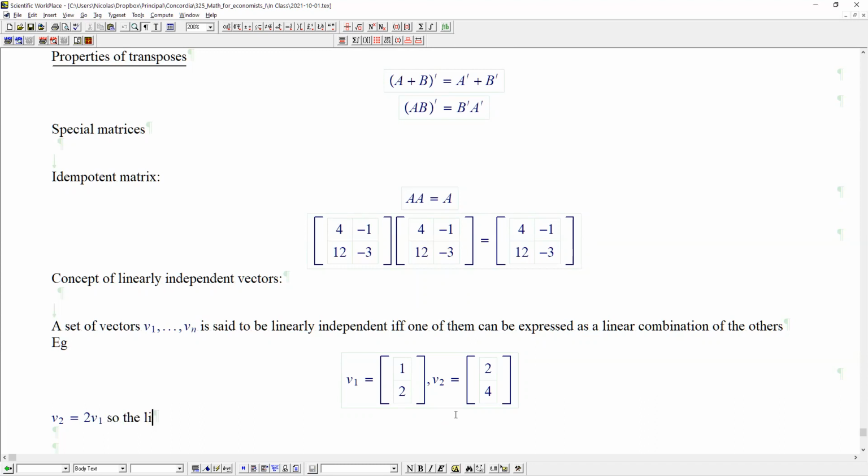So they are linearly, oh, linearly dependent, sorry. All right, dependent.